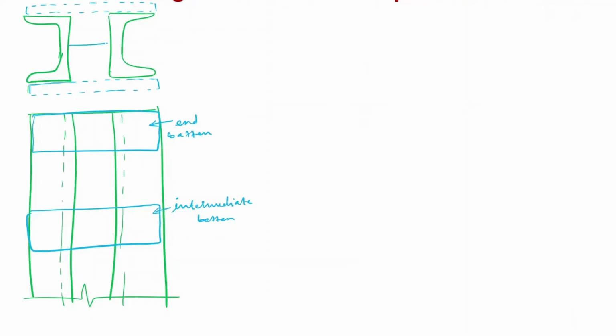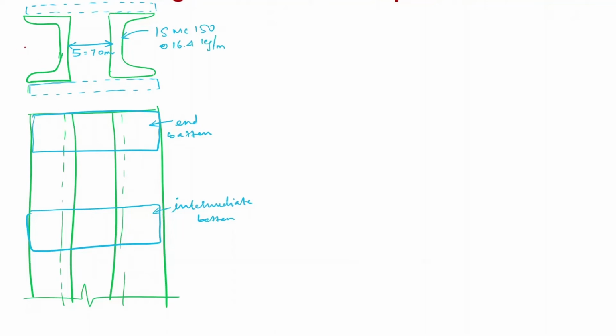We are going to arrange the channels at a spacing of 70 mm, and the channel we have selected is ISMC 150 at 16.4 kg per meter.